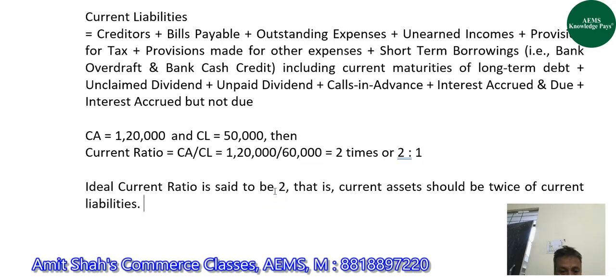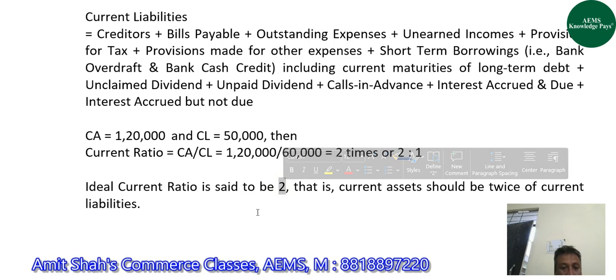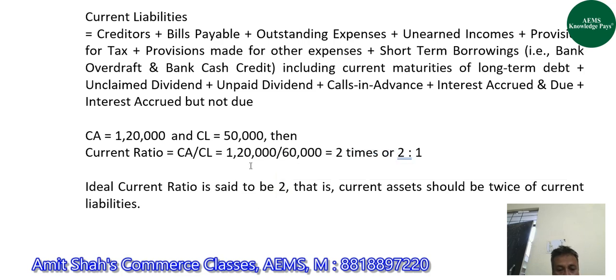Now the question is why it should not be more than 2. It should not be more than 2 because if it is more than 2, it means we have more current assets, and that is unnecessary usage of money which is blocked in current assets. A wise businessman or a wise management tries to maintain its current assets as low as possible.